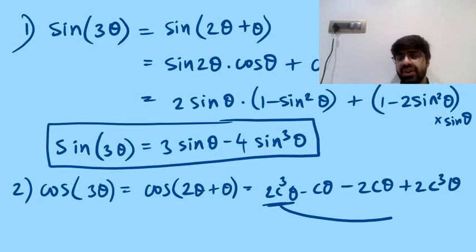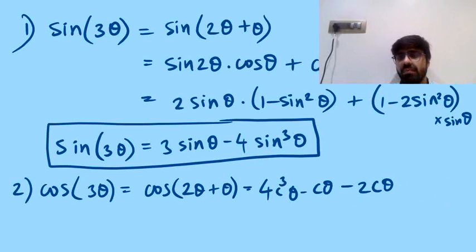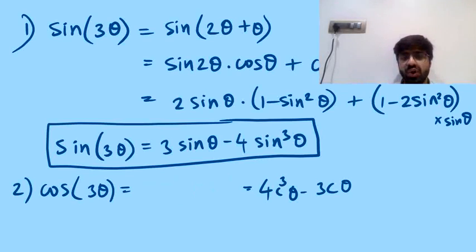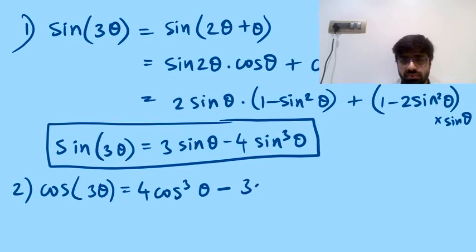So 2 cos cube theta plus 2 cos cube theta makes it 4 cos cube theta, and minus cos theta minus 2 cos theta makes it minus 3 cos theta. So let's write that properly. The expansion for cos 3 theta, we just got it as 4 cos cube theta minus 3 cos theta. So that's the second formula that you need to remember.